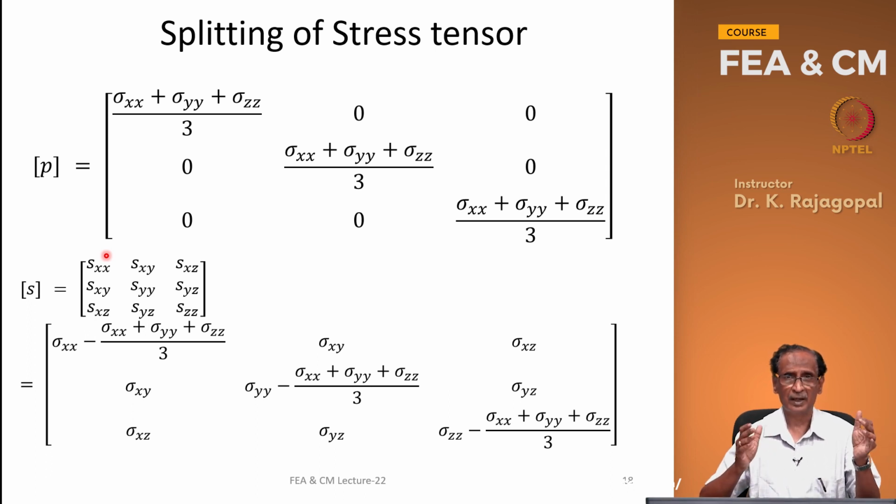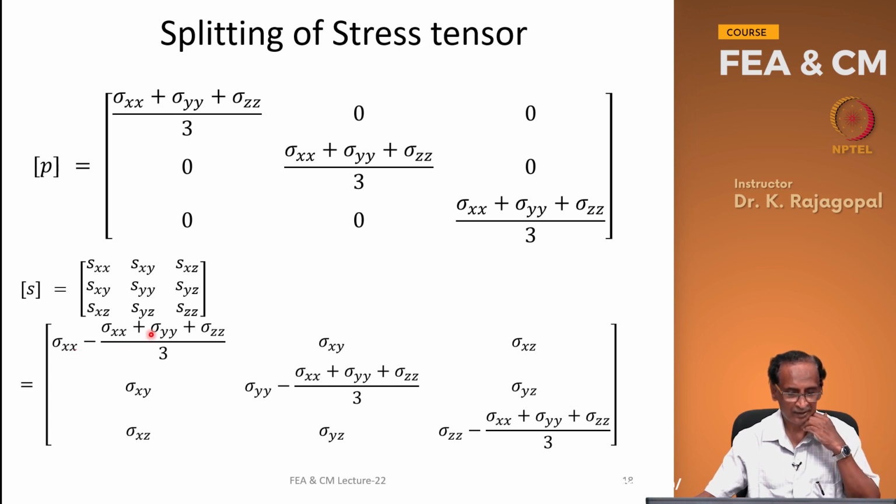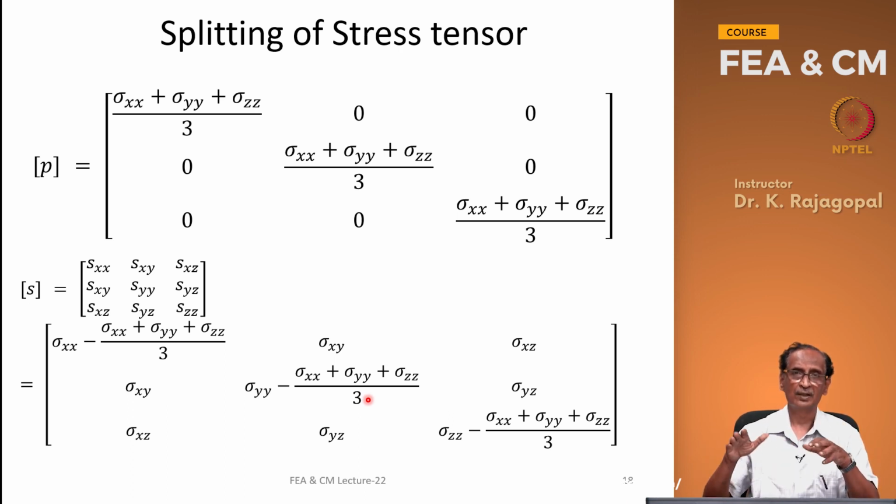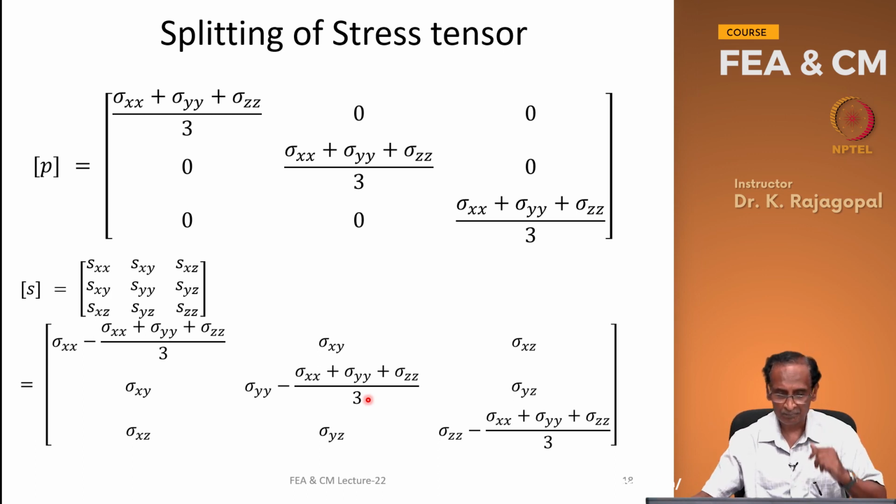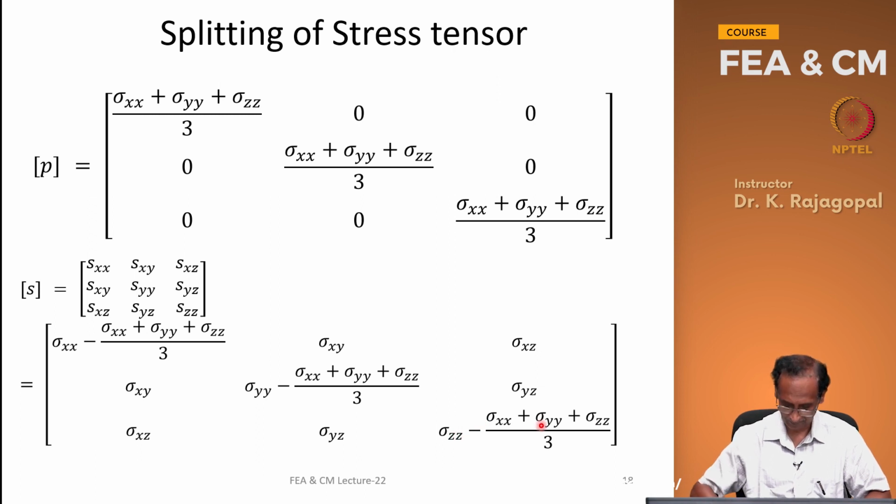the total stress tensor minus P. So, this is sigma xx minus J1 by 3, sigma xy, sigma xz, and then sigma yy minus J1 by 3, where J1 is the first invariant of the stress tensor, that is sigma xx plus sigma yy plus sigma zz. Same thing with the third quantity, sigma zz minus J1 by 3.